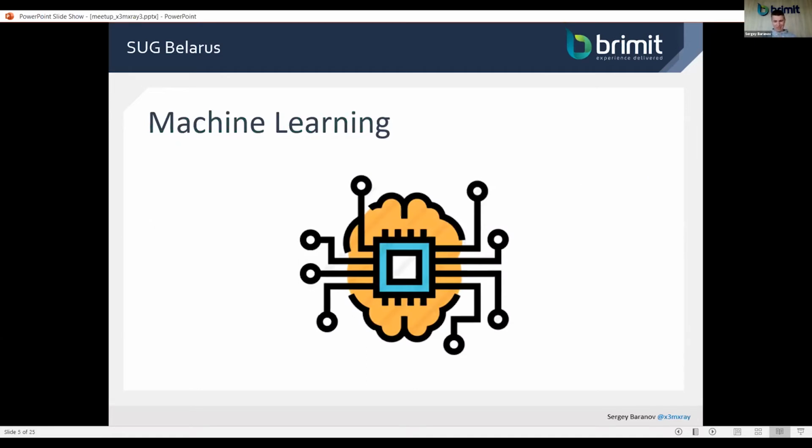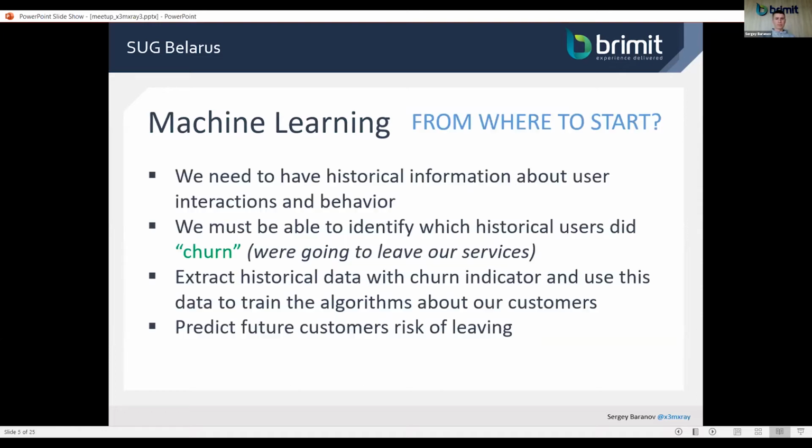Before starting to talk about implementations of churn prediction, let me make a small introduction to machine learning in general. When we talk about churn prediction, it's hard to identify where to start. First of all, as you know, all machine learning algorithms work only with big historical data sets.